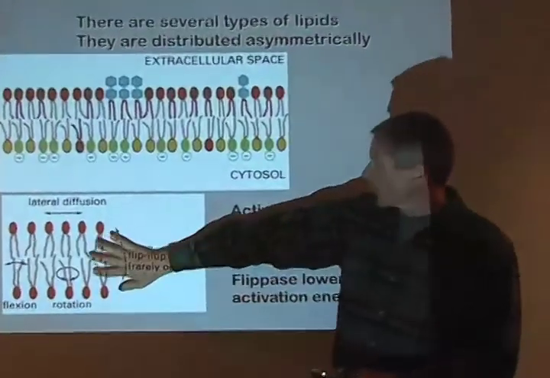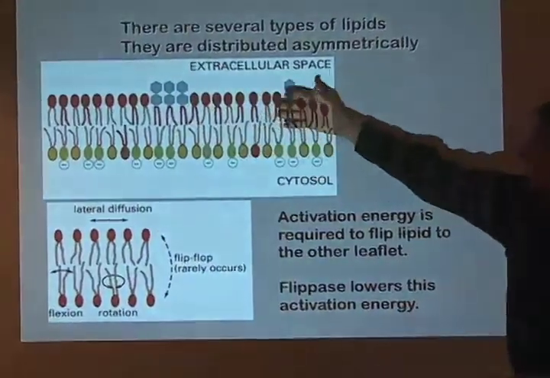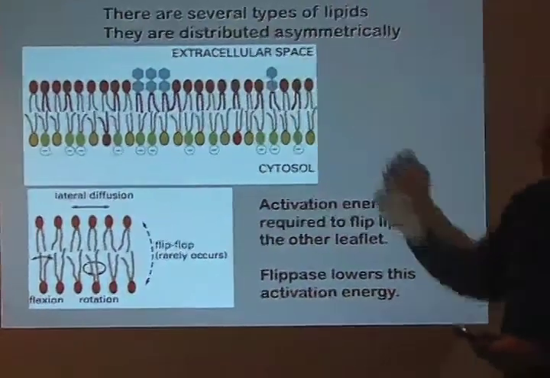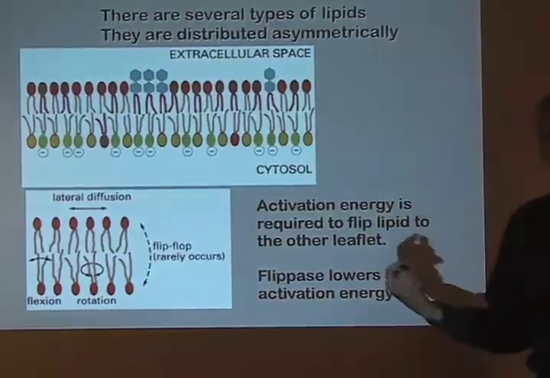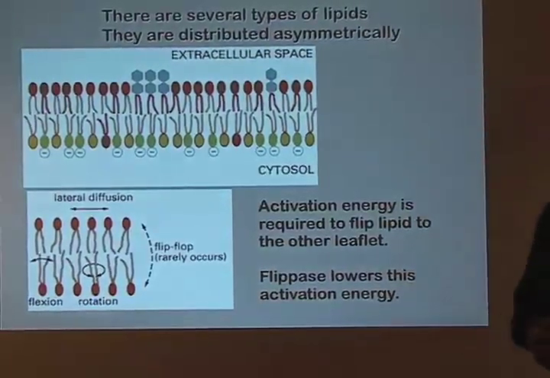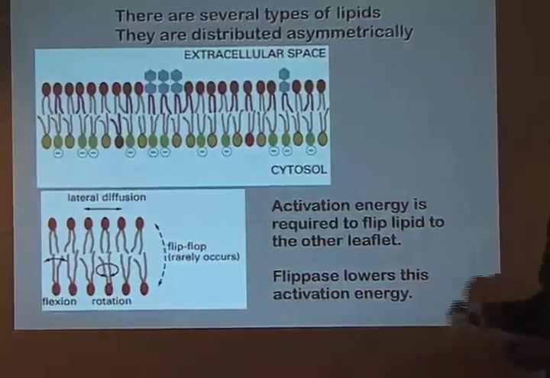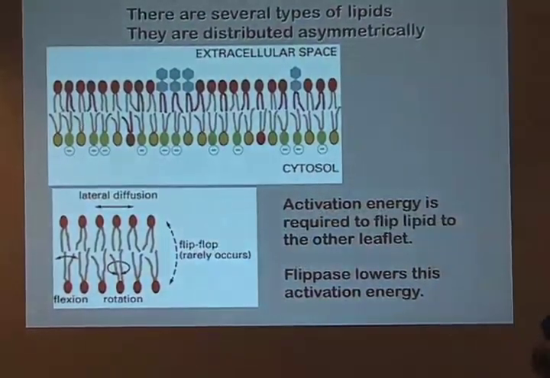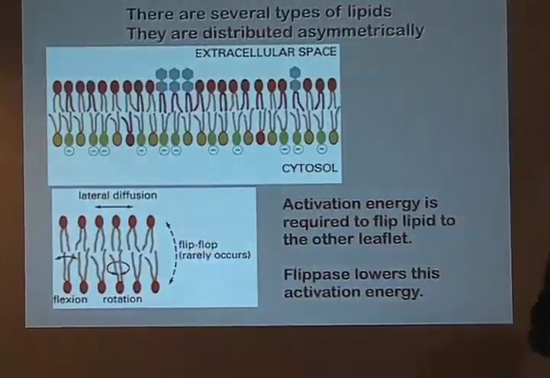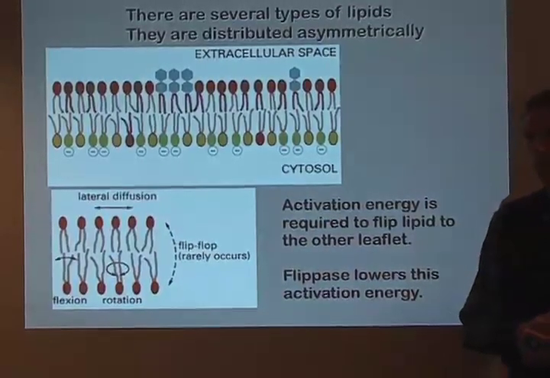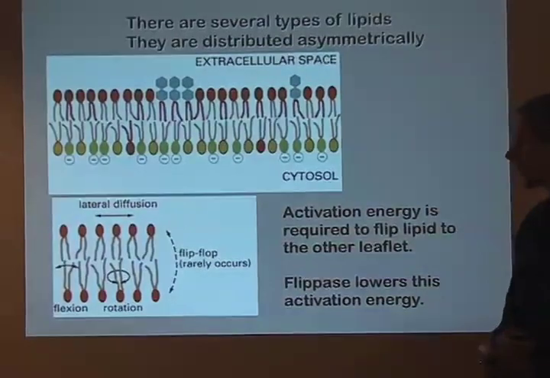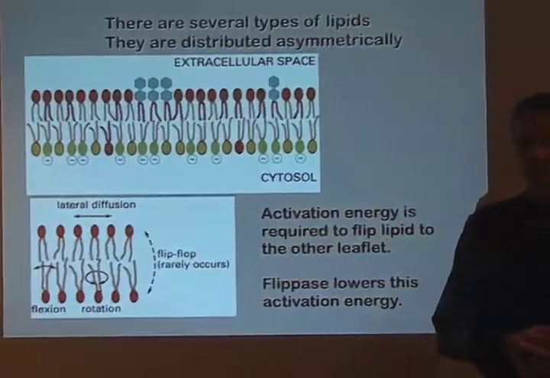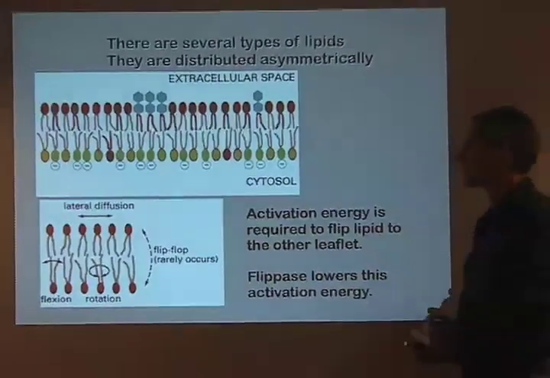It requires energy to flip these lipids across the membrane. And there are enzymes that do that. Flipase is the enzyme that flips lipids. There's also one called scramblase that works in the endoplasmic reticulum during lipid synthesis. You can read about that.